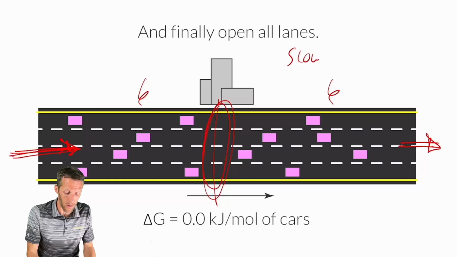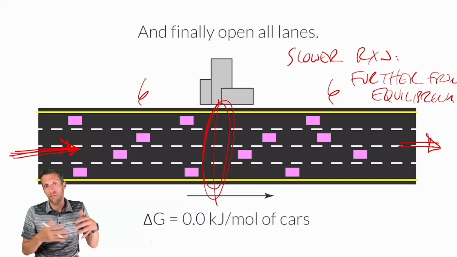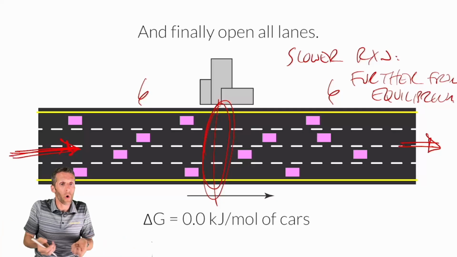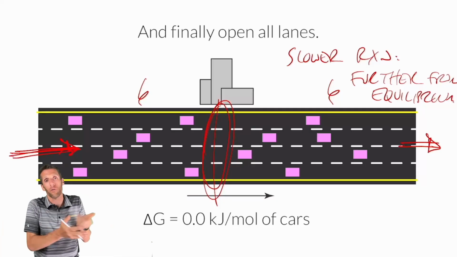So slower reaction, further from equilibrium. The faster we make it, the closer we get to a delta G of 0, the slower we make it, the further we are, because there's going to be stuff backing up on the reactant side.